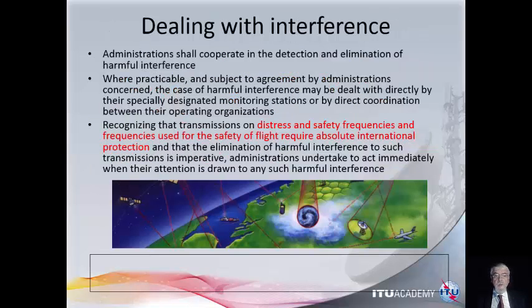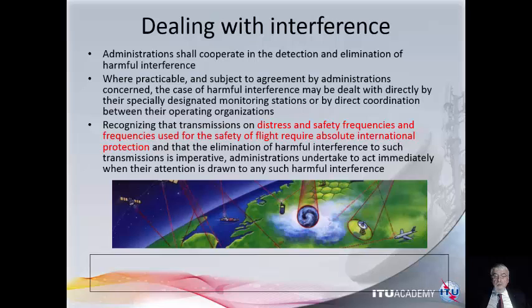So dealing with interference, administrations shall cooperate in the detection and elimination of harmful interference, and where practicable and subject to agreement by administrations concerned, the case of harmful interference may be dealt with directly by their specialized designated monitoring stations or by direct coordination between their operating organizations.